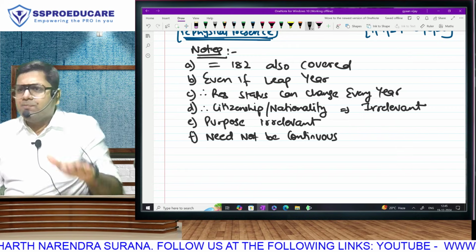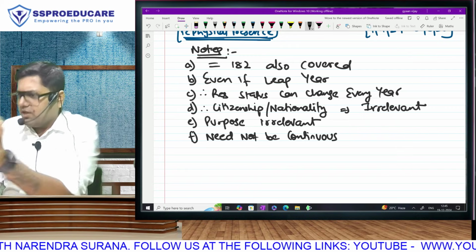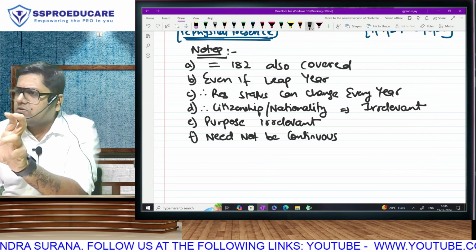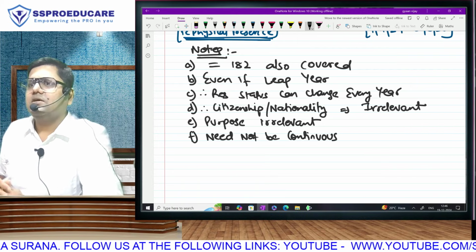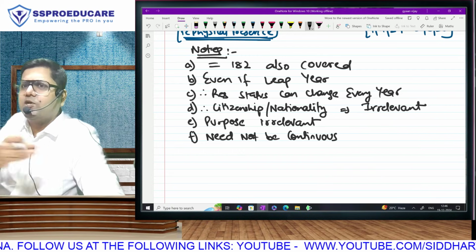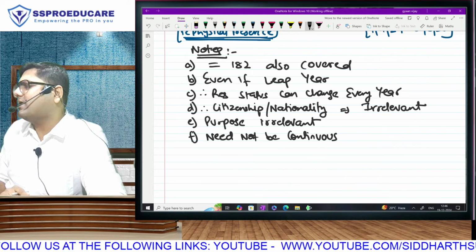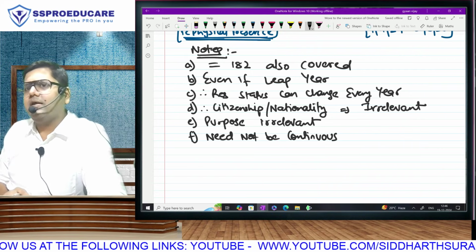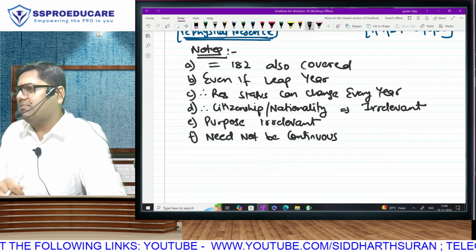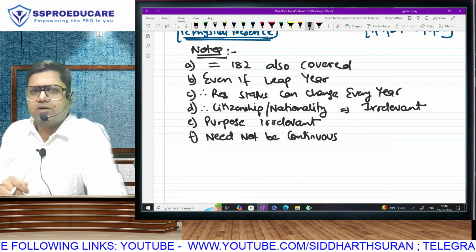So 60 plus 60 plus 62, if the total is 182, in small bits and parts also, it is going to be considered as resident. We don't need continuous 182 days. It can be a total of 182 days at any time during the year, and it is going to be counted. You are here for, say, 3 months, April, May, June. Then you are not here for 6 months.